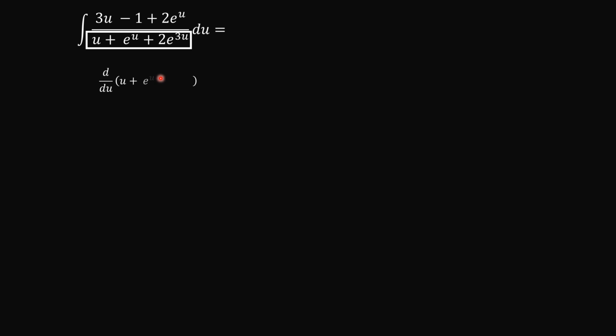So if we look at the denominator of our integrand and focus on its derivative, the derivative of u plus e to the power u plus 2 e to the power 3u is the same as 1 plus e to the power u plus 6 times e to the power 3u.